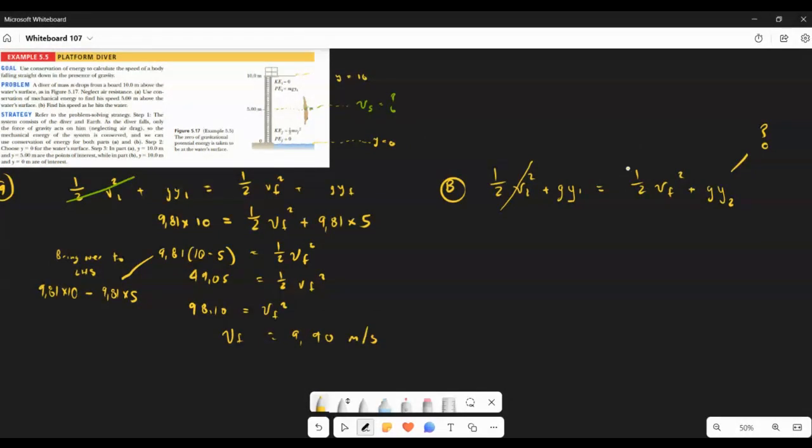Okay. So we can remove this term. So the only two unknowns are gY1 and a half VF squared. All right. So you guys can do the math for me and work out the final velocity.